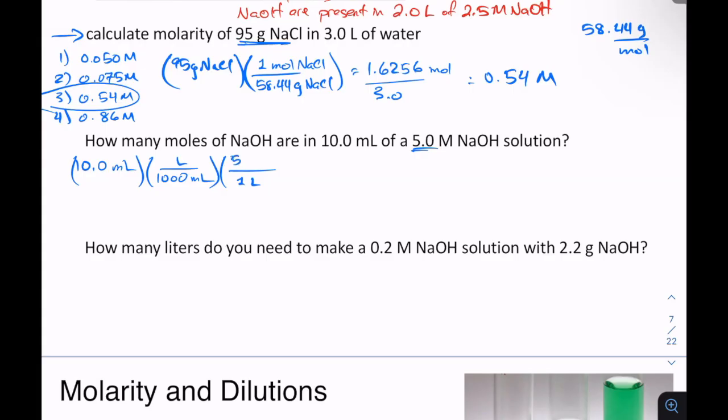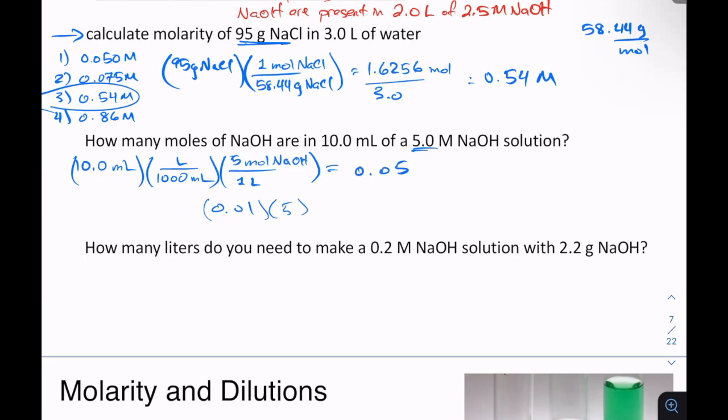So we have 5 moles of NaOH per 1 liter, and then that's it. That gives us the number of moles. So I don't even need a calculator for this one, because 10 divided by 1,000, that's 0.01. And 0.01 times 5 is going to be equal to 0.05 moles.